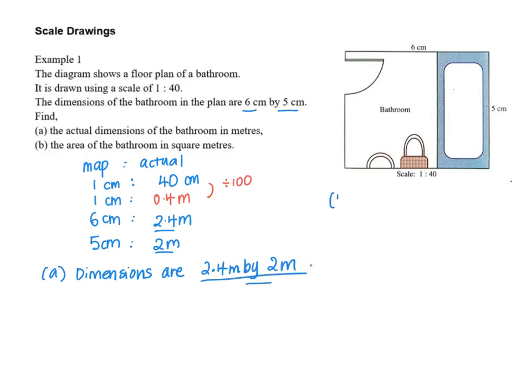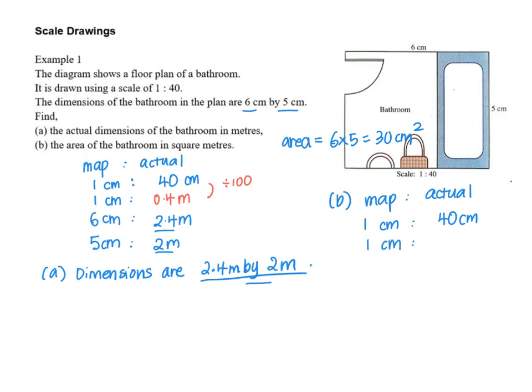Next, find the area of the bathroom in square meters. So map and actual is 1:40. Before I begin, the area on the plan will be 6 times 5, 30 cm squared. So for map and actual, I have 1:40. 1 cm is to 40 cm. Now they want meters, so we should change the units: 1 cm is to 0.4 meters.